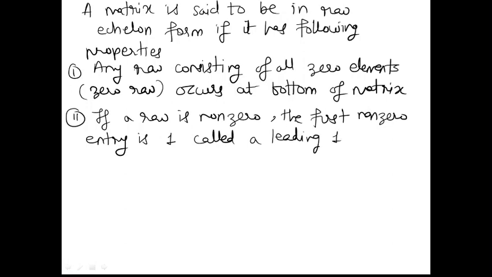So if any row is non-zero, its first non-zero entry must be a 1, which is called the leading one.